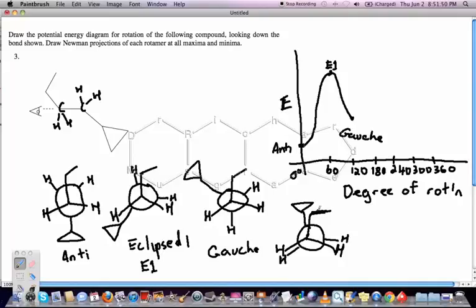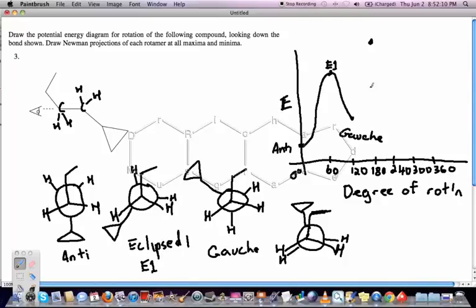Now this is a very high energy eclipsed form. It's higher than this one because now you've got these two large groups very close together and interacting with each other. So we're going to be thinking this is going to be higher than the first eclipsed even. So we're going to put it up here.